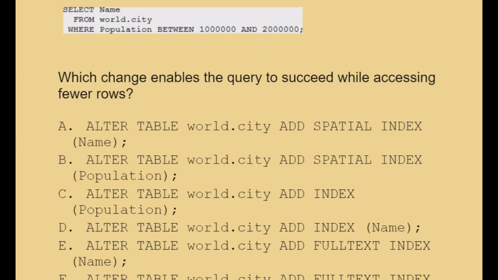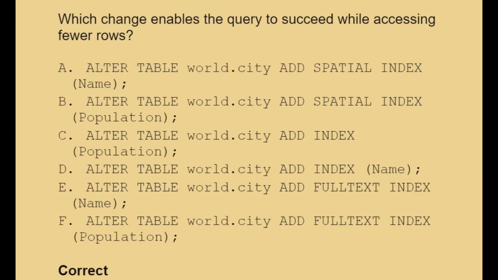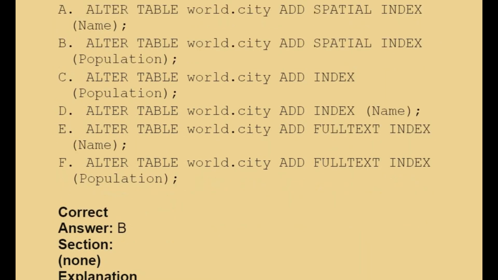Which change enables the query to succeed while accessing fewer rows? Please see the options. Correct answer is option B.